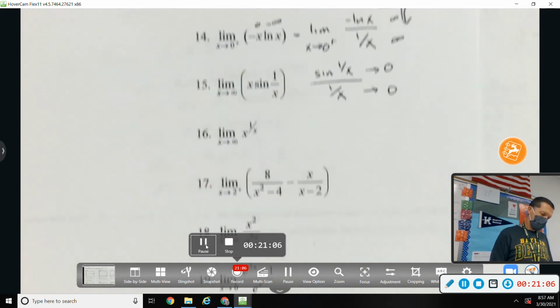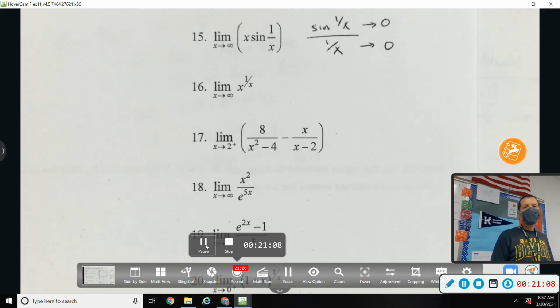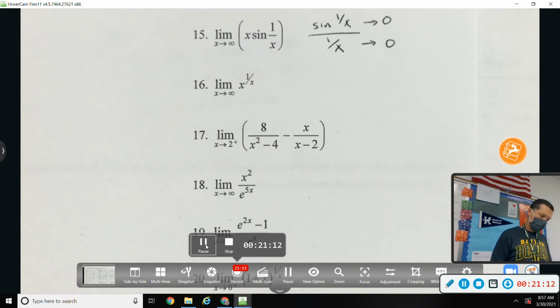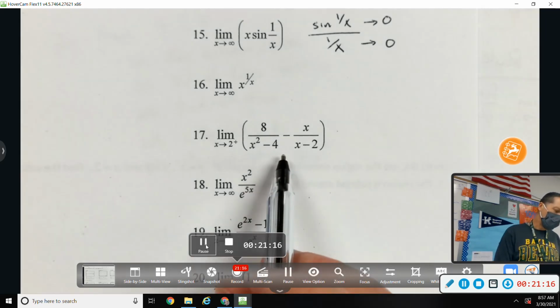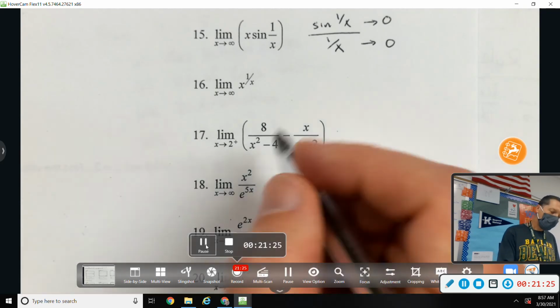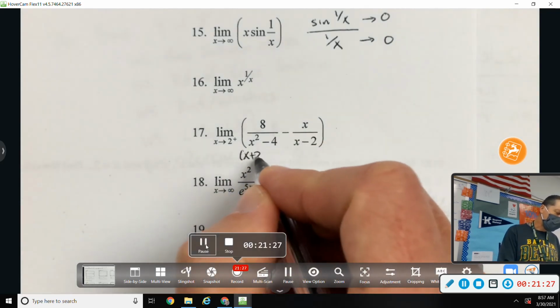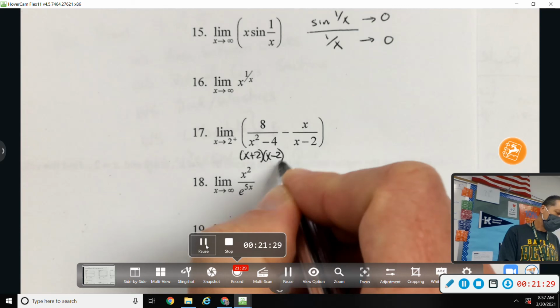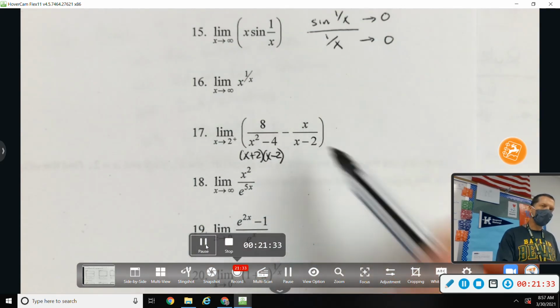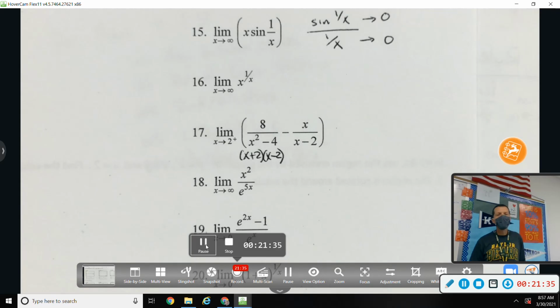And then lastly, 17, I don't know that you need a hint. What do you think you should do on 17? Any thoughts looking at that? Okay, so you can factor the bottom of this one. You're still getting 8 over 0 minus 2 over 0, which doesn't really make sense yet.